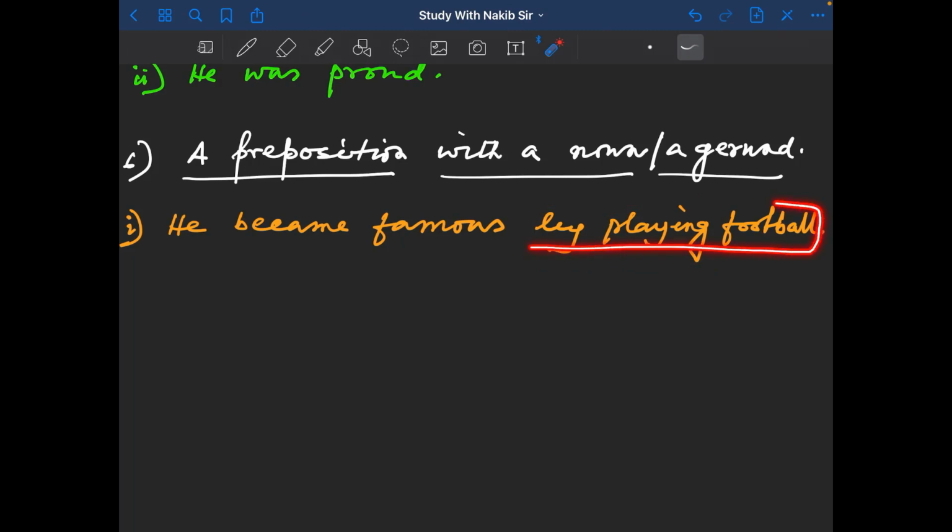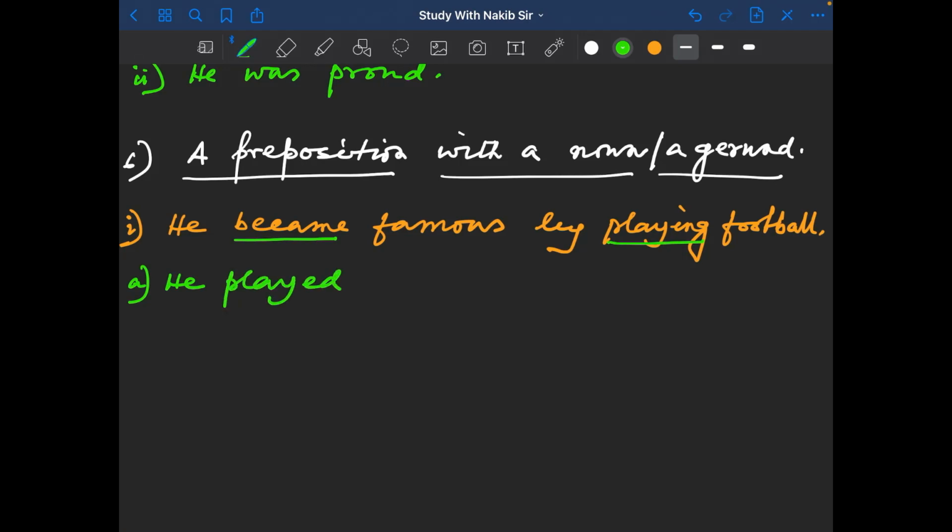For this part you can make a separate sentence. So cut the sentence here first and make one sentence for this part. So here the subject is he, and the tense is became, so play will be played. He played football.